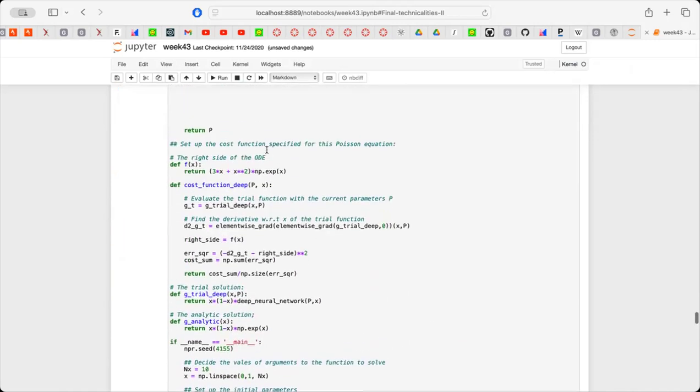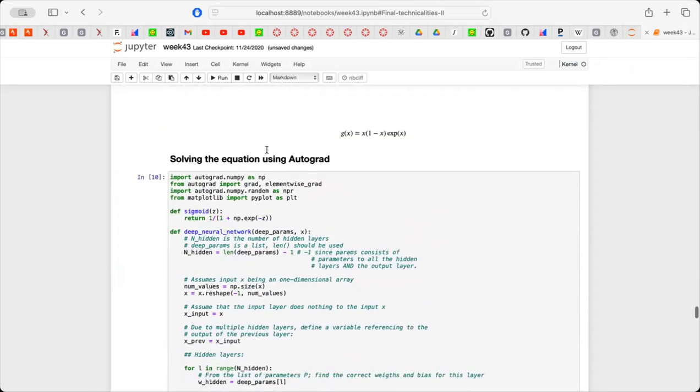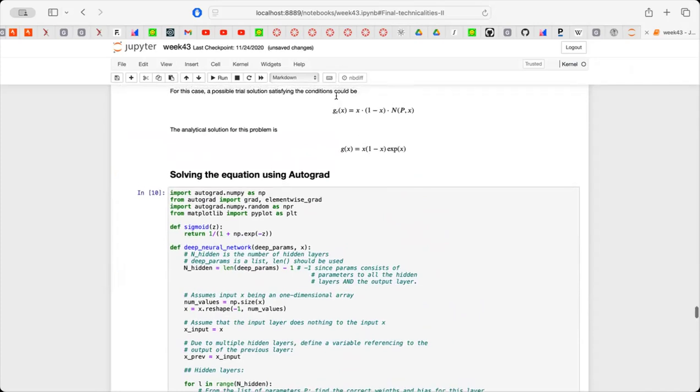The only thing is that we now have a different trial network, which is given by, this is the analytical solution. So I'm putting in a trial which goes like x times 1 minus x, and this gives me the boundary conditions. So when x is 0, I get 0. When x is 1, I get 0. So that's a way by which I can now implement the boundary conditions.